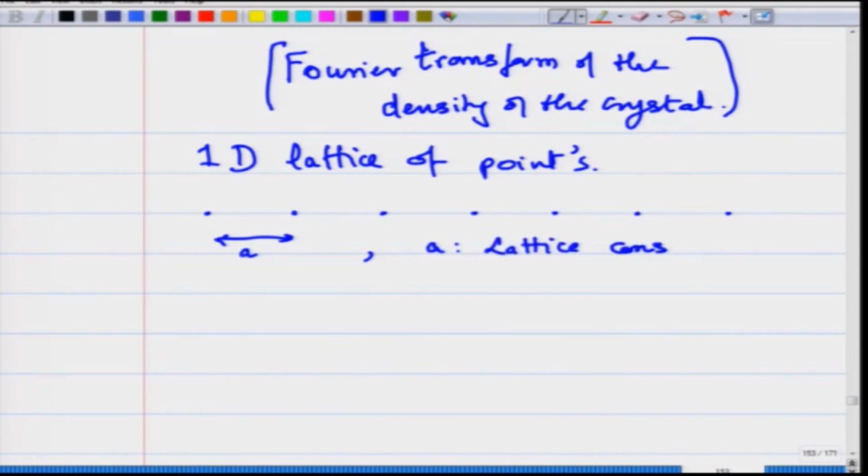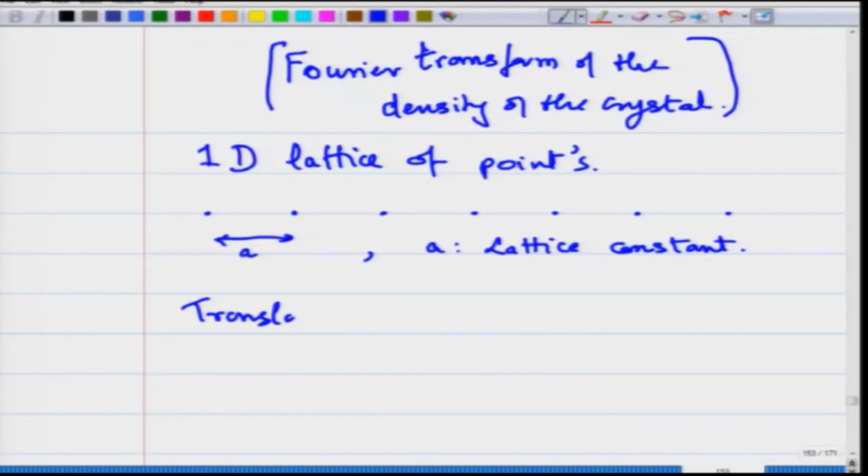Now, as you know, for a Bravais lattice, if you go from any point to any other point, if you translate by the translation vector, then your distribution of atoms or the lattice points around you should look identical. That is one of the very important aspects of a lattice, of a Bravais lattice specifically.